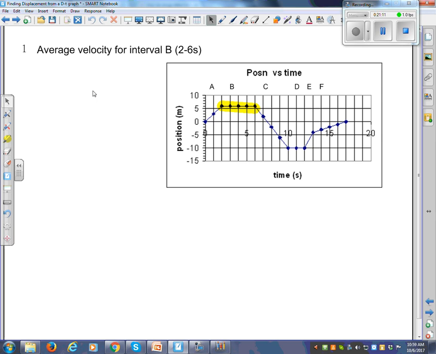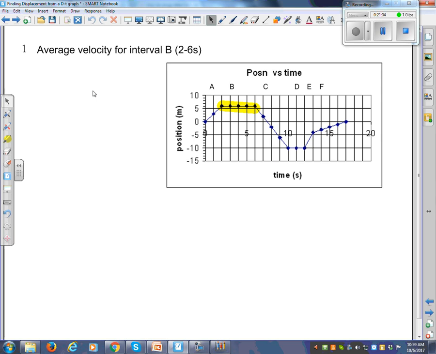Now we're here. To determine the average velocity, the interval B is up here. That's B, that's C. Do this exactly. For some reason we're having trouble.